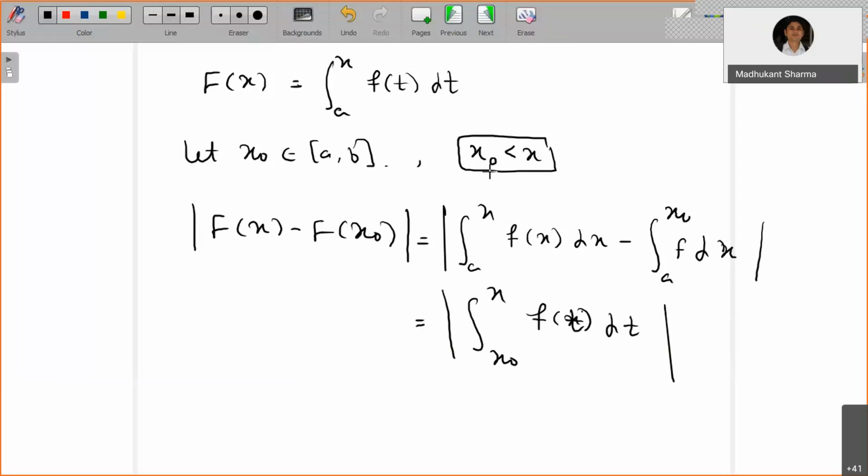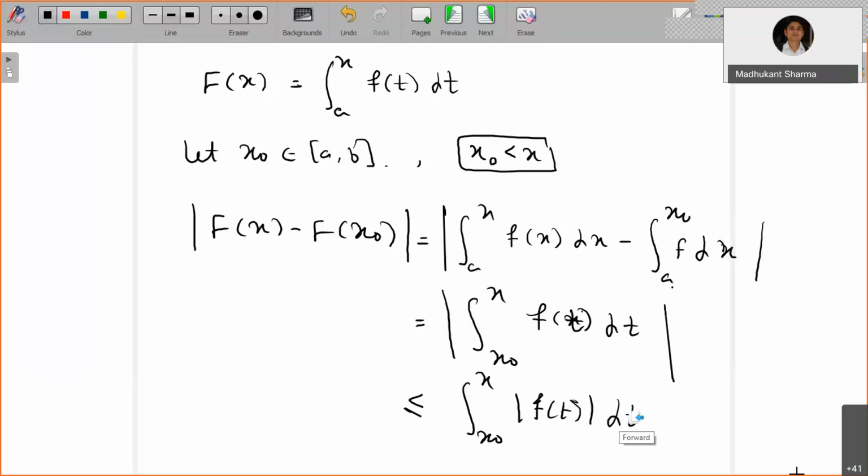So if x naught is greater than x, what can you do? Then you can break this interval into a to x and x to x naught. Then you will have a minus sign here, but the magnitude will take care of it. And we have also shown, from the previous lecture exercise, that this is less than or equal to the integration from x naught to x of mod of f of t dt.